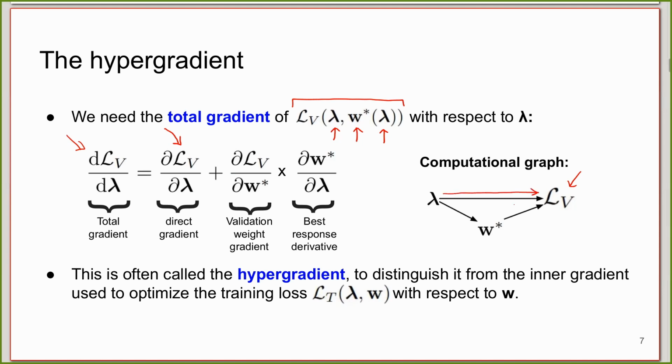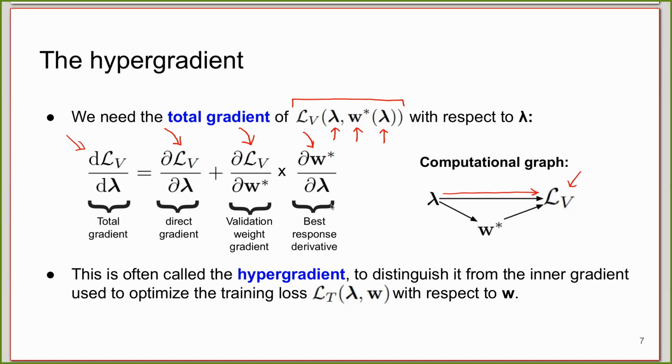You will be calculating the partial derivative of the validation loss with respect to lambda. And then you have the dependence on lambda through the optimal weights, and that's why you add this extra term here. It's just the derivative of the validation loss with respect to the optimal weights, and then you need to multiply by the gradient of the optimal weights with respect to lambda, okay? And we have these different terms.